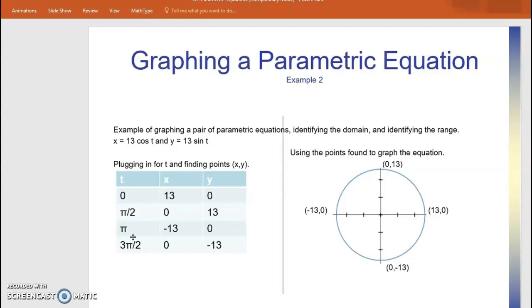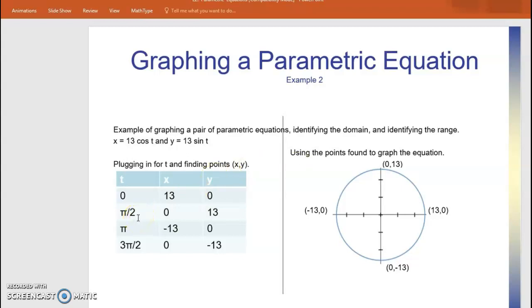So notice that I chose to plug in for t 0, pi by 2, pi, and 3 pi by 2, because all of these angles are on the x or y axis, making the sines and cosines 0, 1, or -1, which are easy numbers to work with.